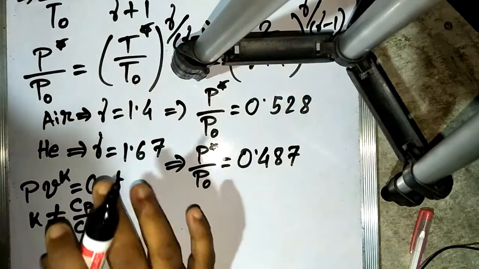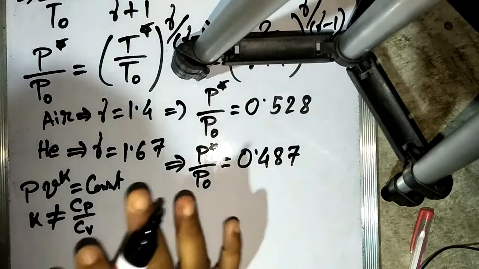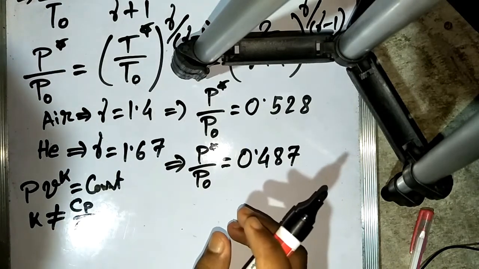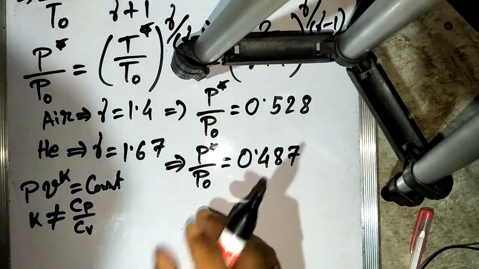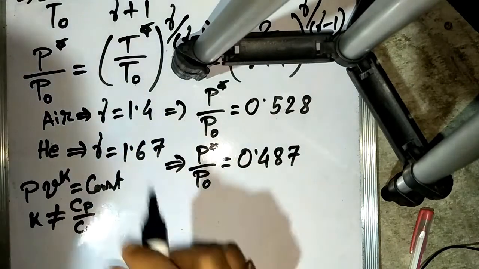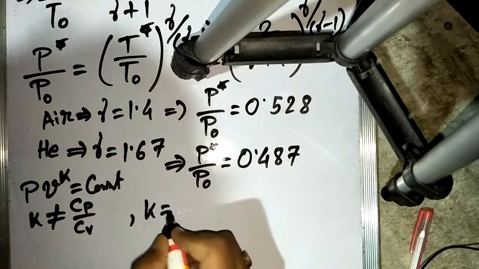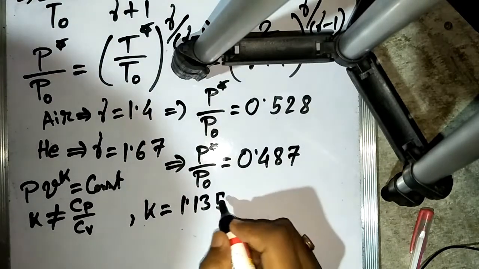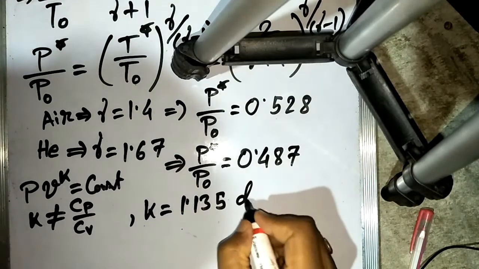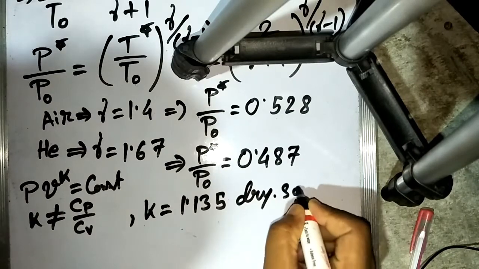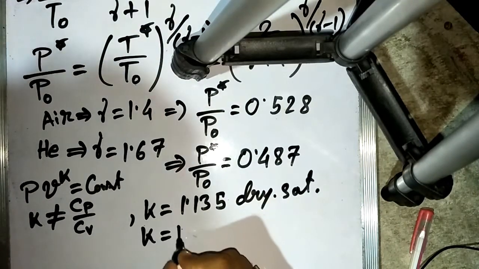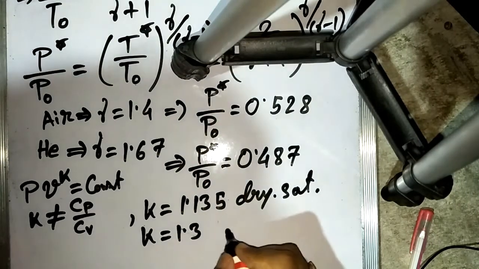K is a different constant. In case of dry saturated steam the value of K is 1.135, and in case of superheated steam the value of K is 1.3.